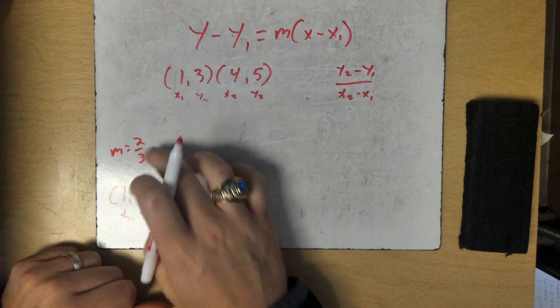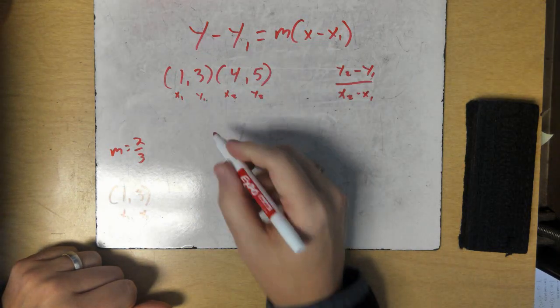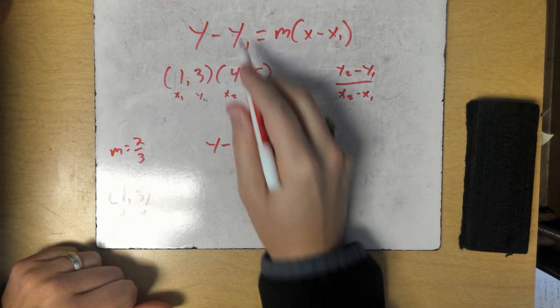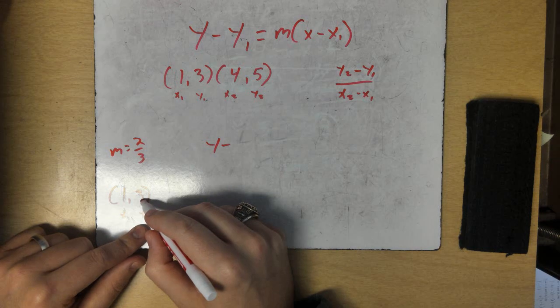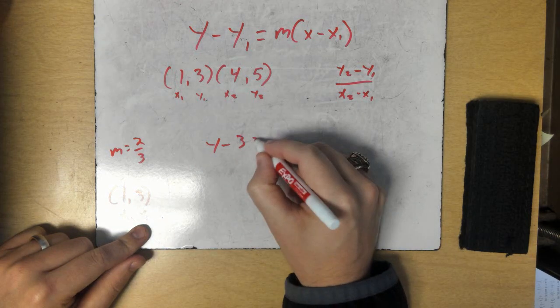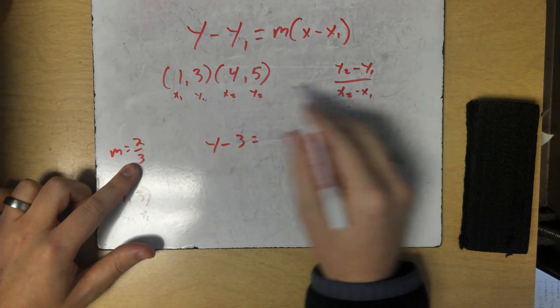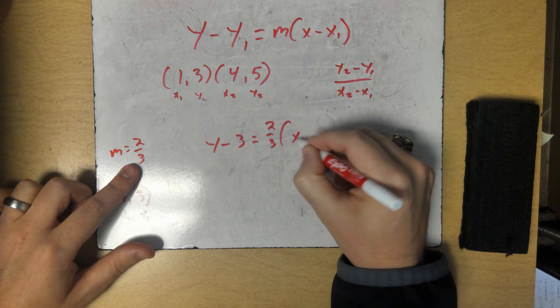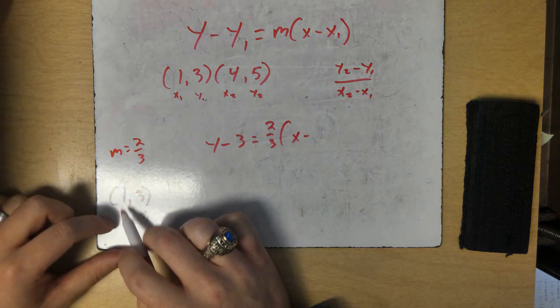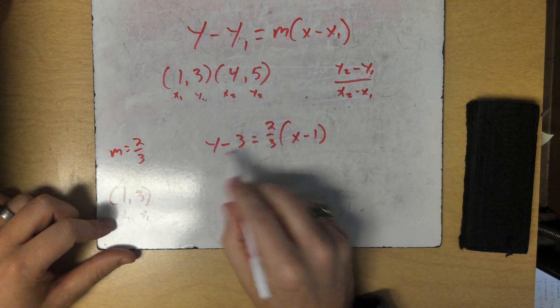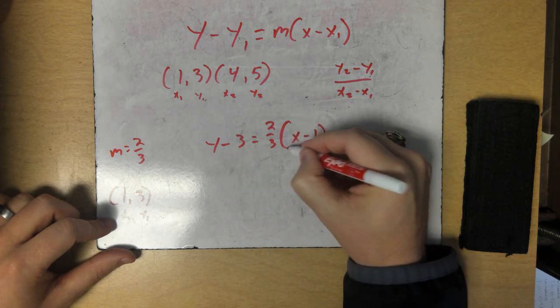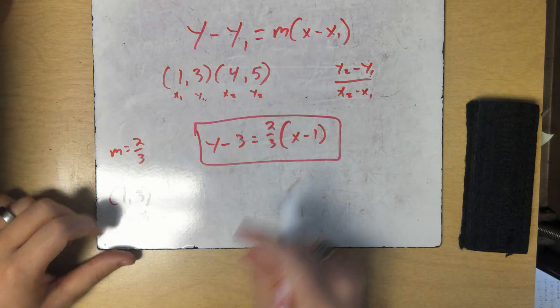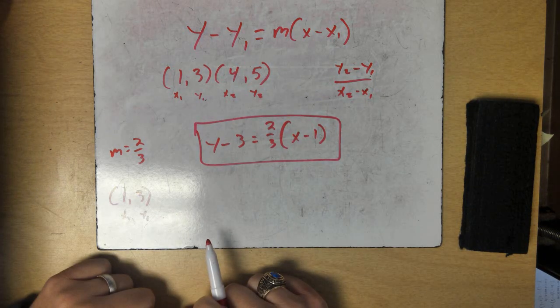So now we can plug our information into our equation, starting off with y minus our y1, which this time is 3, equals our m, which we found, 2/3, times x minus, and our x1 would be 1. Minuses are fine, there's no double negatives. So there we go.